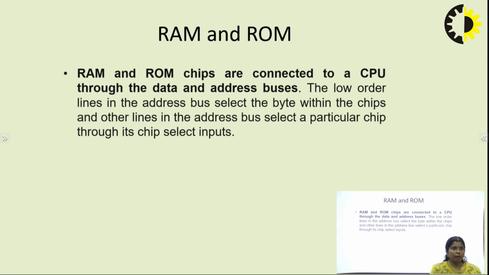So here the concept is RAM and ROM chips. The RAM chip and ROM chip are connected directly to the CPU. As we discussed, the main memory is directly connected to the CPU, and the main memory is a combination of the RAM and ROM chips.